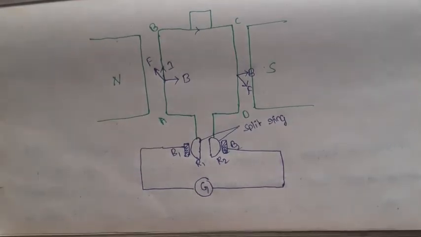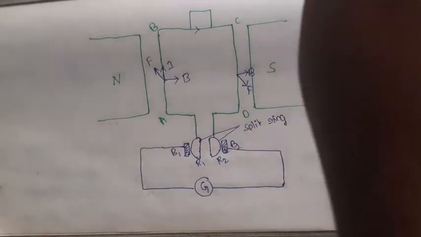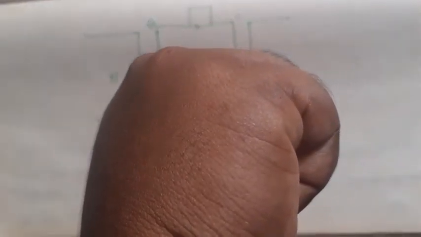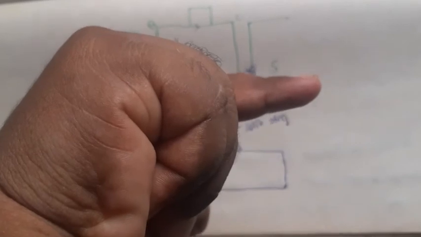Again I use Fleming's right hand rule in arm CD. Align your thumb in the direction of the motion of the conductor, downward. Next the forefinger in the direction of the magnetic field, from left to right.